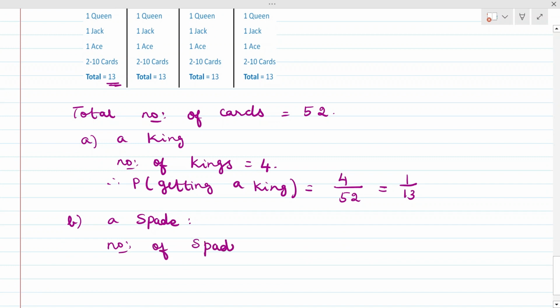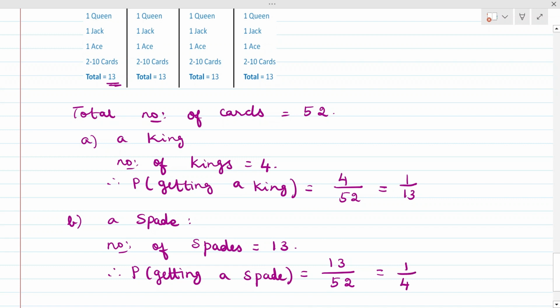How many spades we have? 13. So therefore probability of getting a spade. So favorable outcome is 13 divided by total possible outcome is 52, which is equivalent to 1 by 4. So this is the probability of getting a spade in the playing cards.